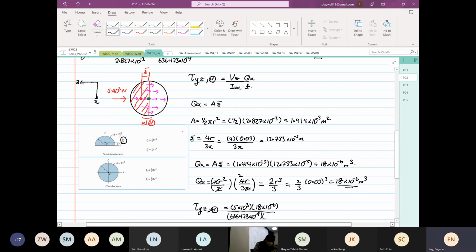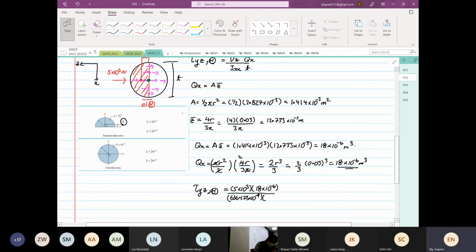And then the thickness will be the diameter. So this is the thickness now. It's equal to twice 0.03, because 0.03 is the radius. So 5 times 10 to the power 3 times 18 times 10 to the power minus 6, divided by 636.173 times 10 to the power minus 9, divided by 2 times 0.03, is equal to 2.358 times 10 to the power 6 Pascal, and the shear stress is going towards the right.